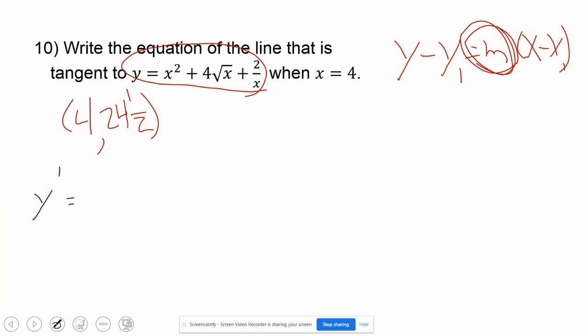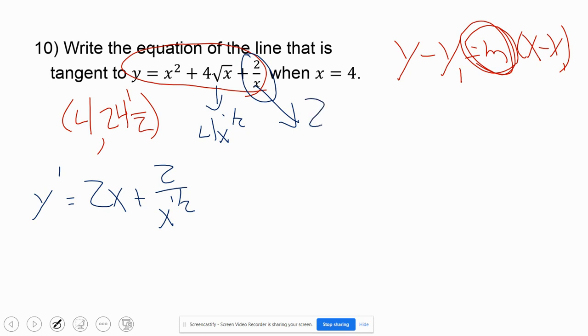Y prime equals 2x plus, now this term here is 4x to the 1/2, so my derivative would be 2 over x to the 1/2. My last term here I can write as 2 times x to the negative 1. So my derivative there would be negative 2 over x squared by the time I clean up the negatives.